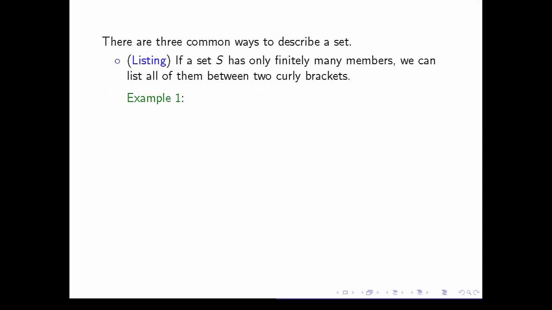There are three common ways to describe a set. The first way is by listing. It's very simple. If a set H has only finitely many members, maybe below 10, then we can list all of them between two curly brackets.